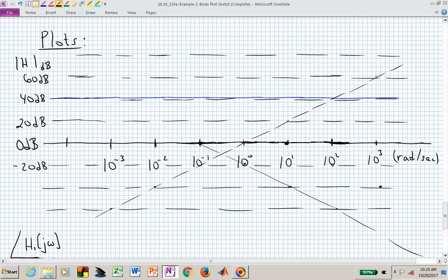So that's now here. It'll be minus 20 dB at 100, minus 40 dB at 1,000. It's now going down here. And those sloping lines are at either minus 20 dB per decade for the poles or plus 20 dB, because they all were just single poles or zeros.